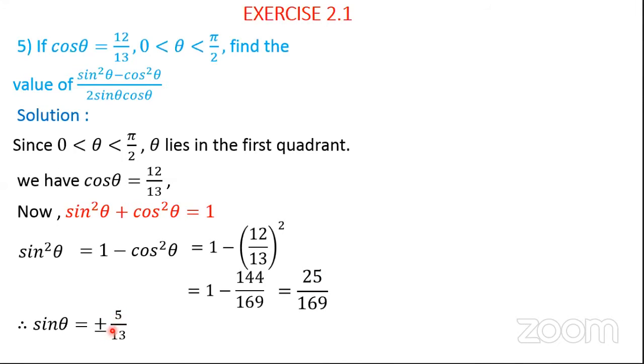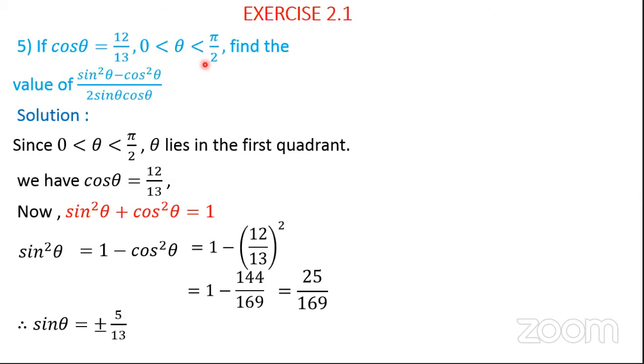So initially we are considering both the values, plus minus 5 by 13. Now we have to decide which value we have to take as the value of sine theta, plus 5 by 13 or minus 5 by 13. That depends upon the quadrant.